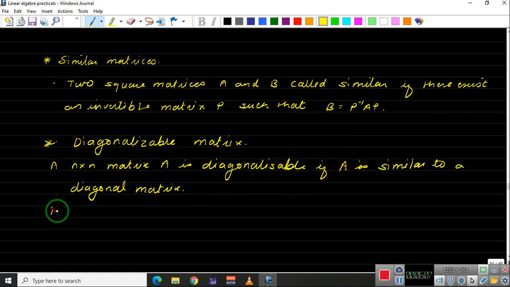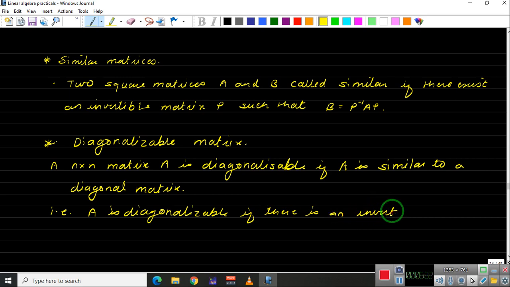So we can write that A is diagonalizable if there is an invertible matrix P such that P inverse AP is equal to a diagonal matrix.